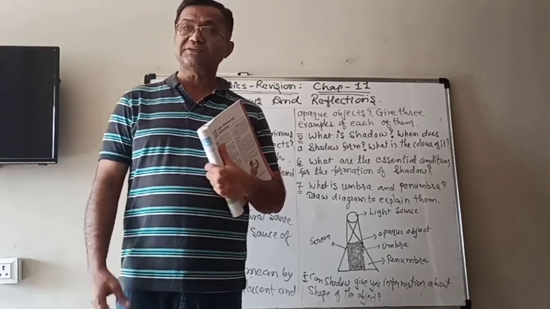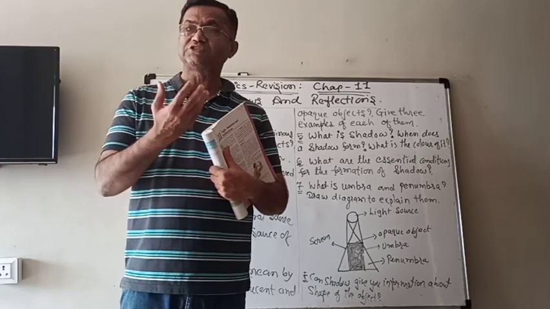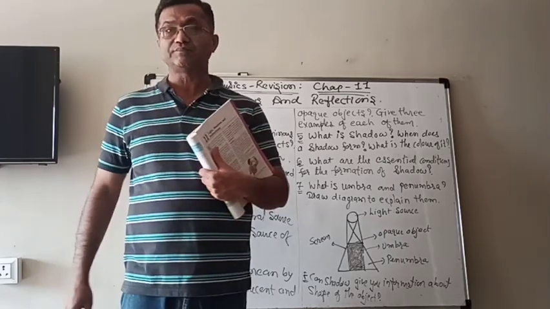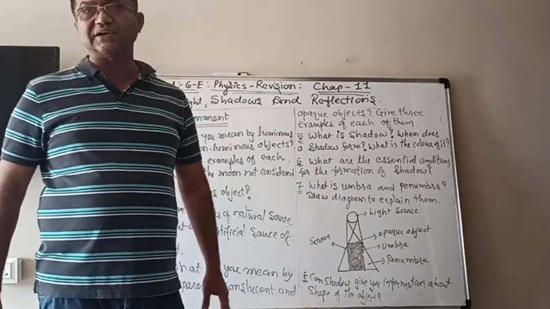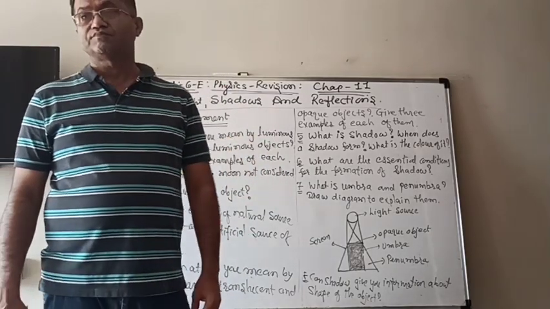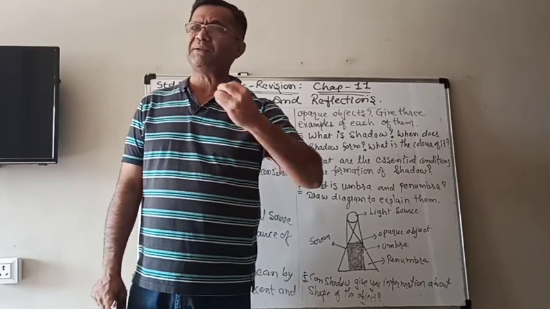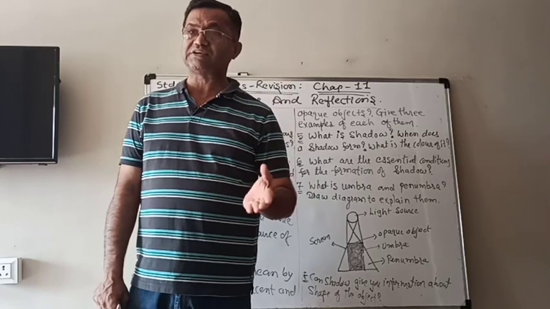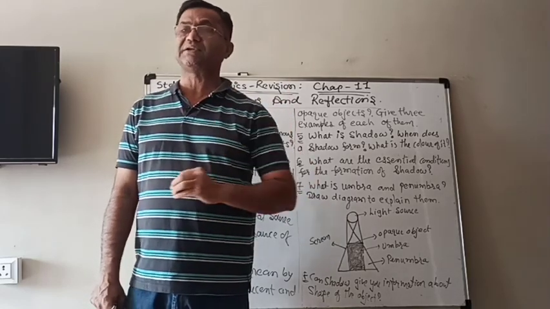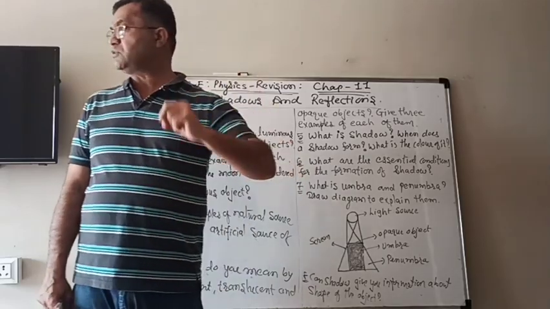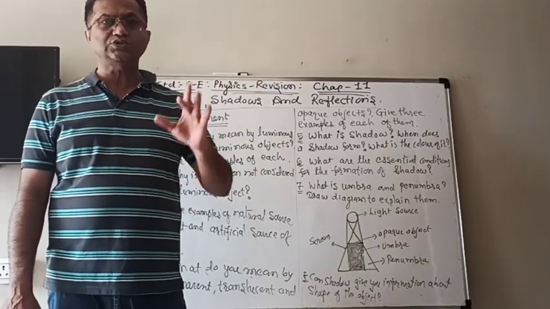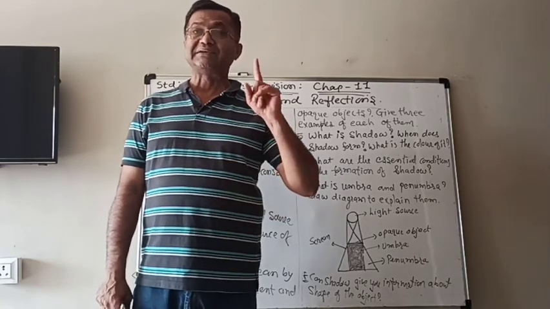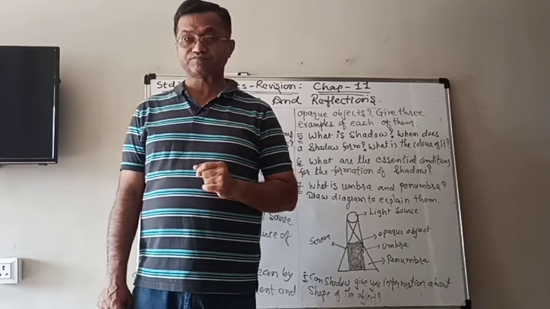Why? Because it allows the light to pass through it completely. So we can see the object very clearly. Through the piece of clean glass also, we can see through completely. Why? Because it allows the light to pass through it completely. So the objects which allow the light to pass through them completely are known as the transparent objects.